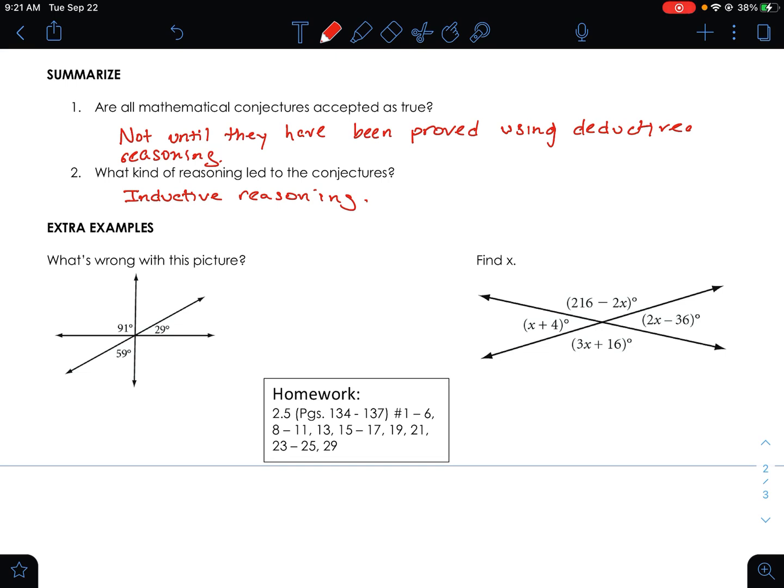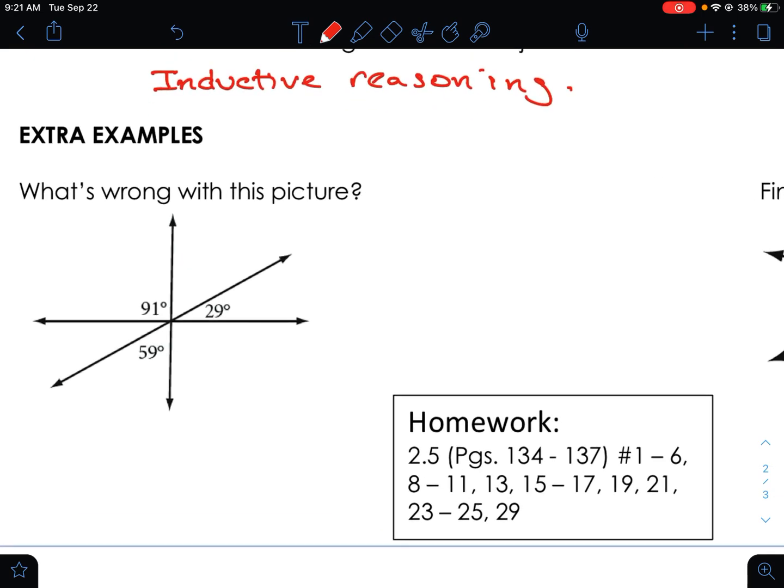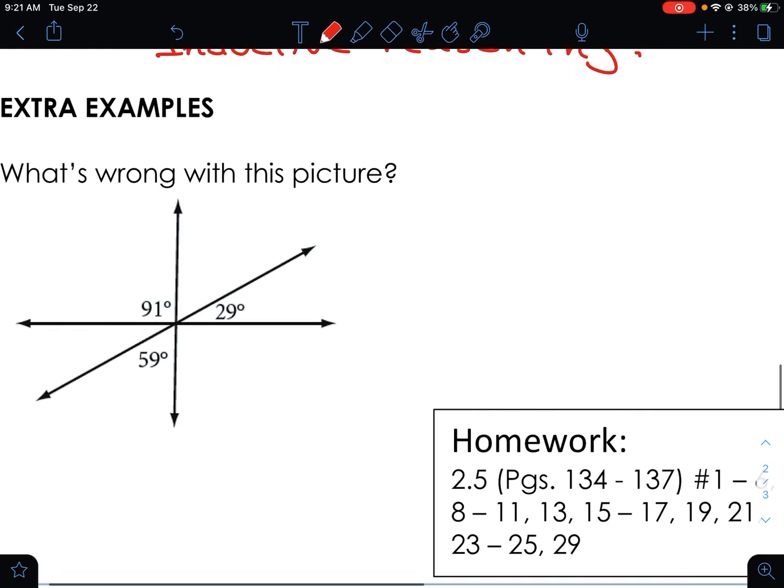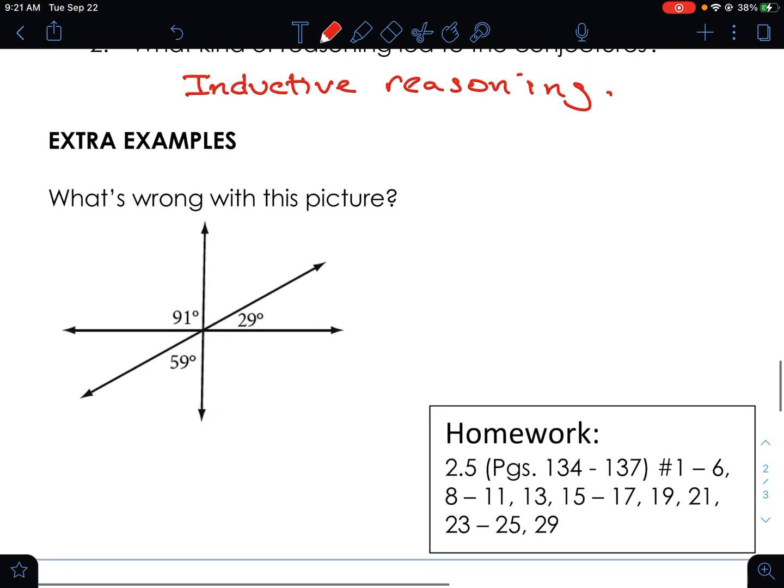And the last two things that I want to look at are these two extra examples. We have one question here that says, what's wrong with this picture? So if we look at this picture, we want to figure out, there's something wrong with it. What is it? Well, if we look at this picture, what we can see is that this angle right here and this angle right here are vertical angles, so that this is 91 degrees.